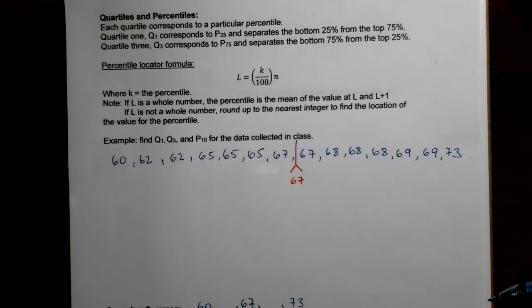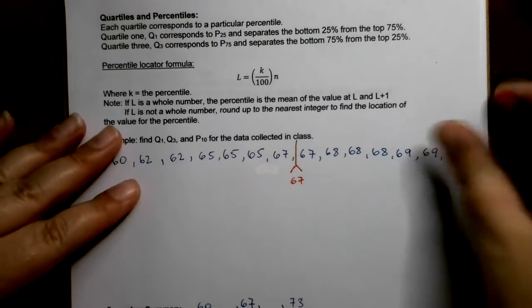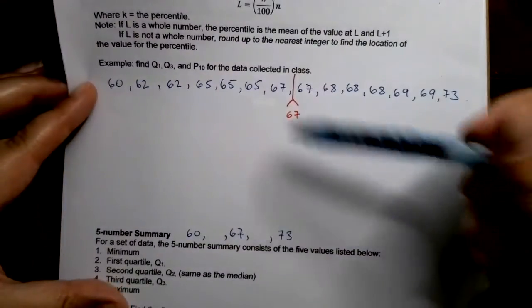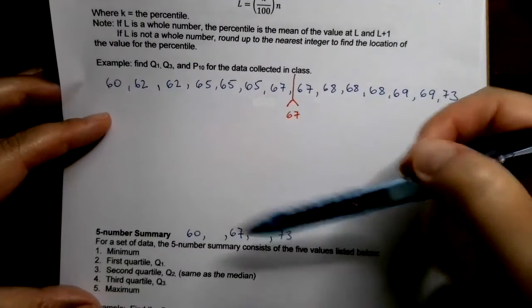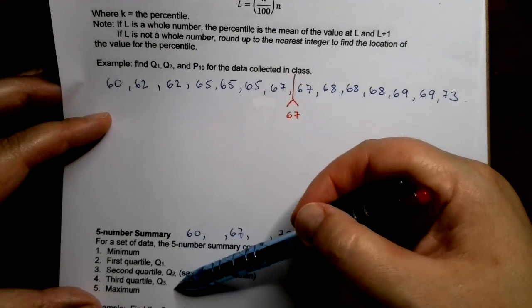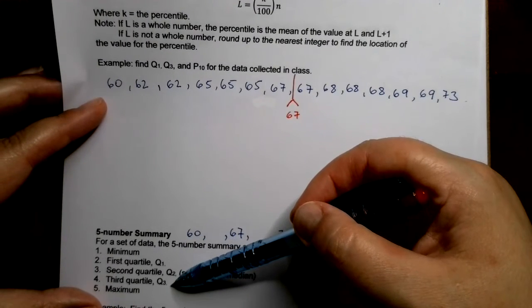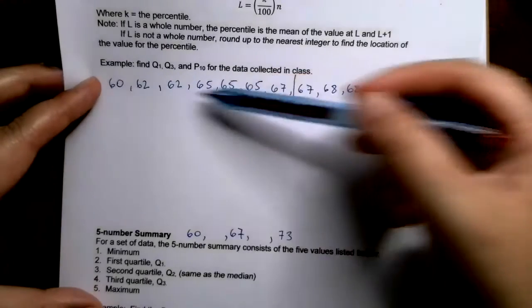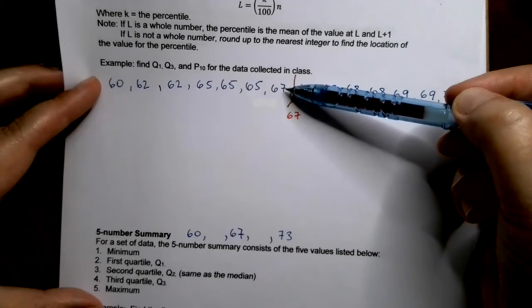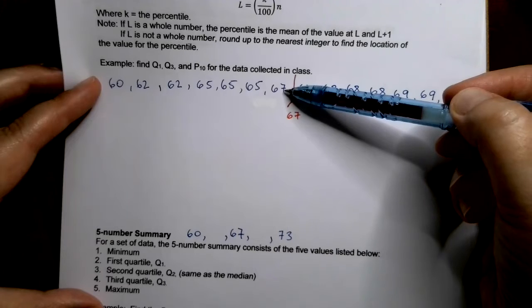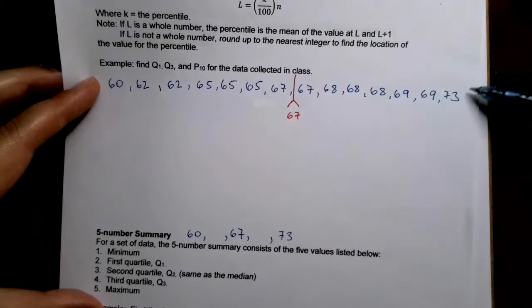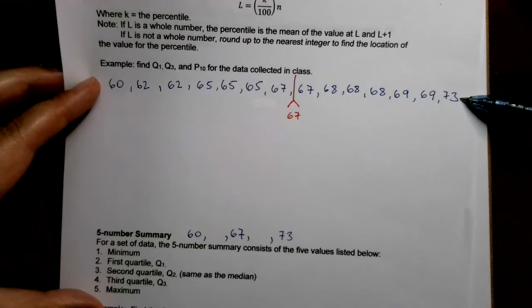The other 2 values that we're going to be looking for are called quartile 1 and quartile 3. The quartile 1 value divides the lower half into 2 equal parts, similar to how the median divides the whole data set into equal parts.